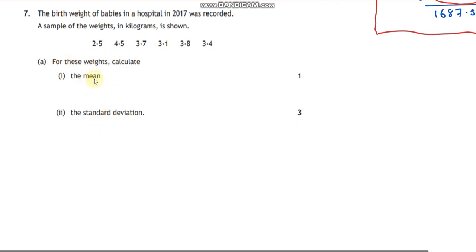So calculating the mean. That's not to be confused with the median, which is the middle number when it's from lowest to highest. The mean is simply where we add up all of our numbers. In fancy mathematical terms, we add up our numbers and we divide by how many we've got.